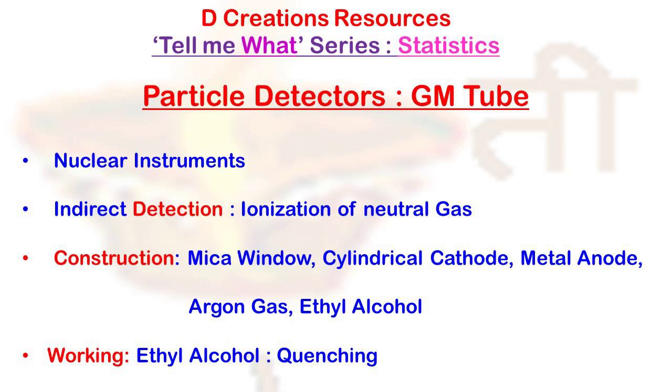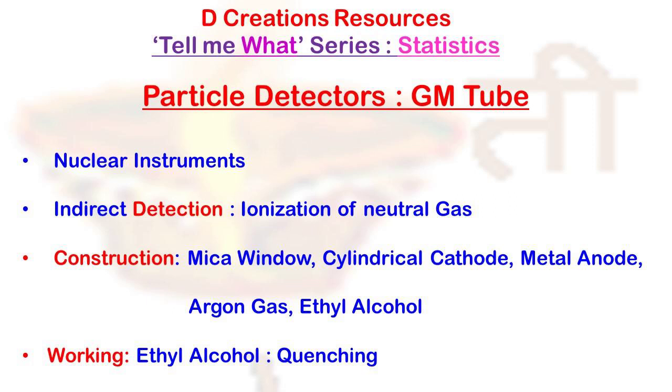And for the operation of this GM counter, the voltage at the center of this plateau region is identified as the operating voltage. Of course, if you go on increasing the voltage beyond the plateau region, then it's not desirable. So we always determine the operating voltage by finding out the plateau region of the GM tube.